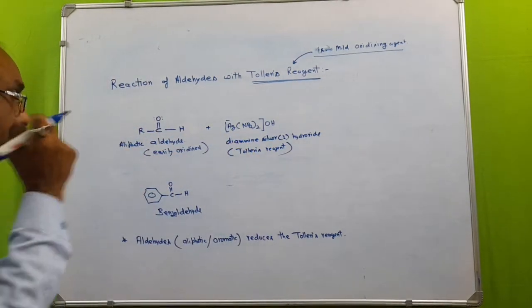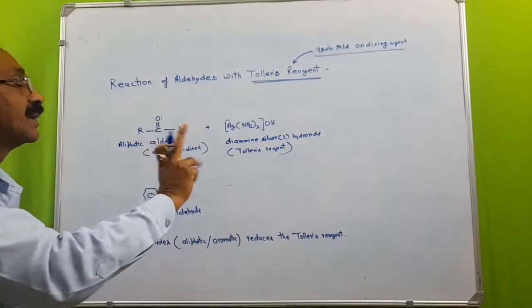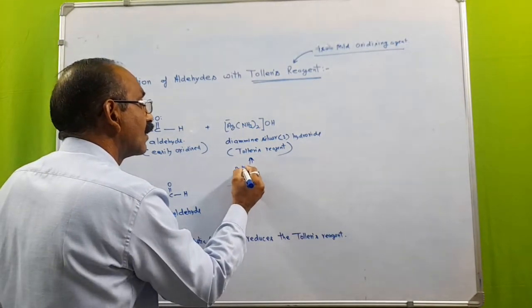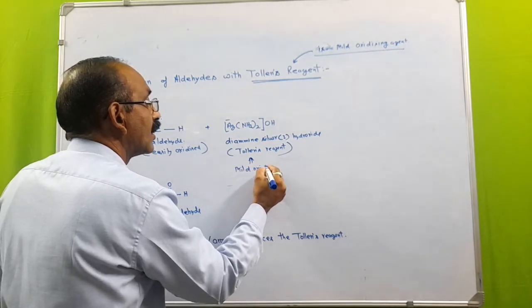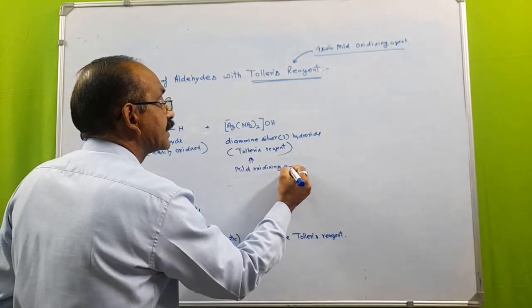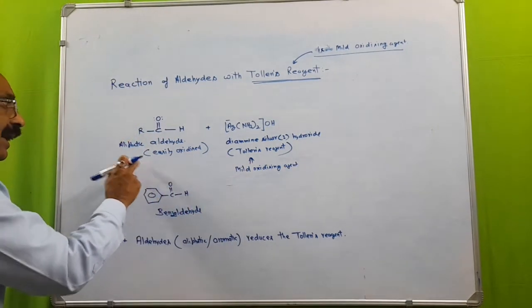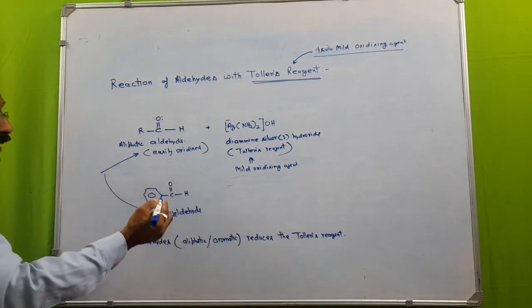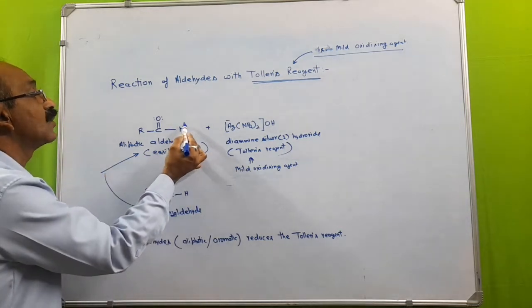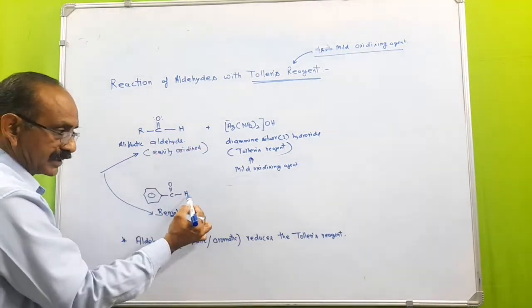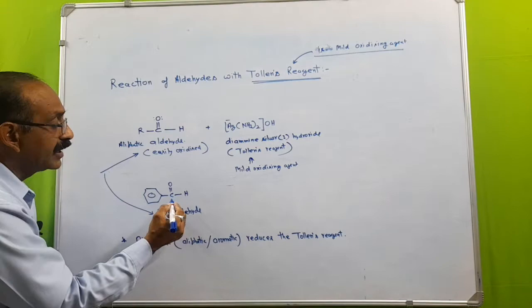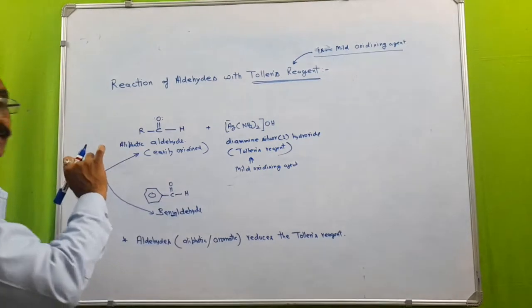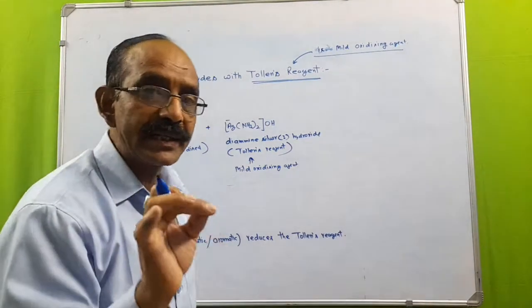So what happens here? This Tollen's reagent is a mild oxidizing agent, and the aldehydes, whether aliphatic or aromatic, have a hydrogen directly linked over the carbonyl carbon, and due to this reason aldehydes can be oxidized readily.